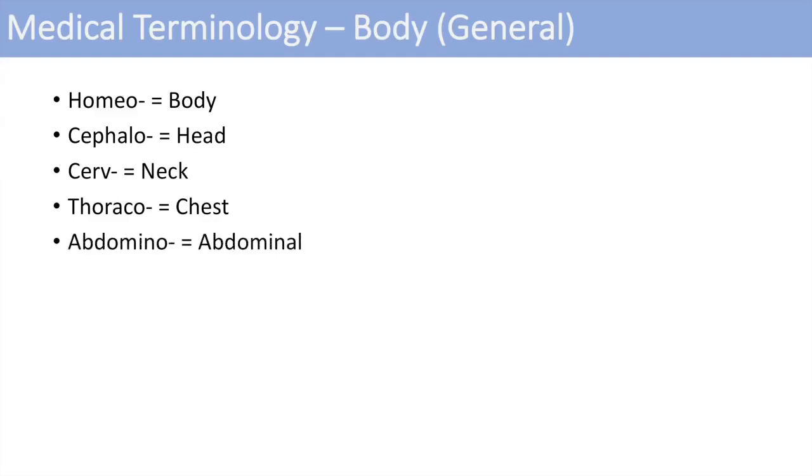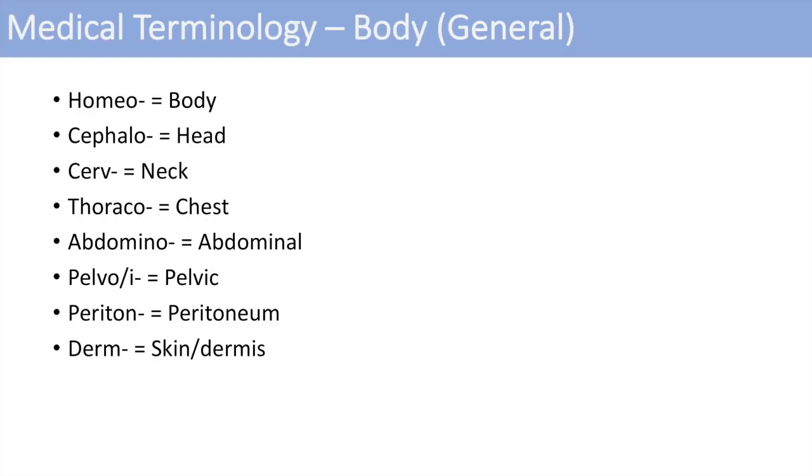Abdominal is the abdomen. Pelvo or pelva is just related to your pelvis. The periton is just related to the peritoneum, so the lining within your abdomen.